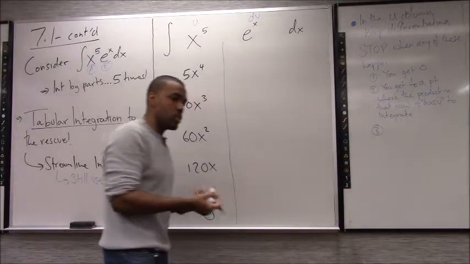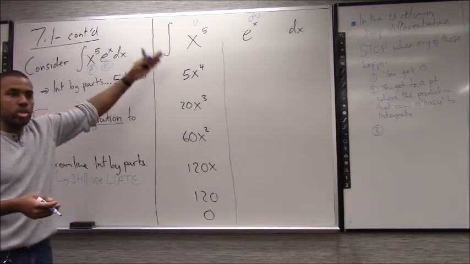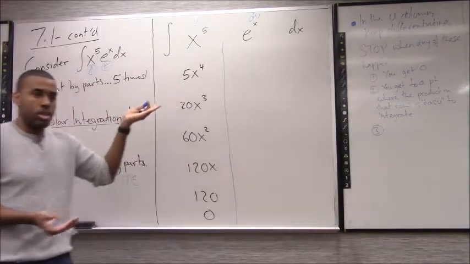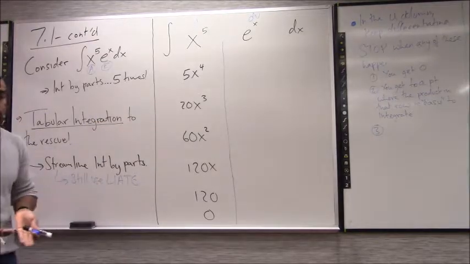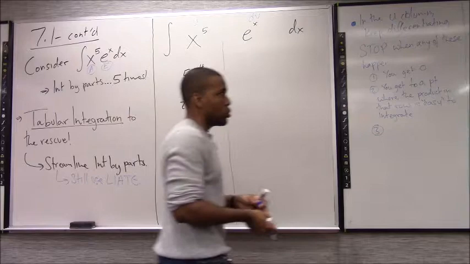If you can get a 0, keep differentiating until you get a 0. But there are functions that you keep differentiating and you'll never get 0, right? Think of 1 over x. You keep differentiating 1 over x, you're never going to hit a 0. So you might have to do one of these other things.